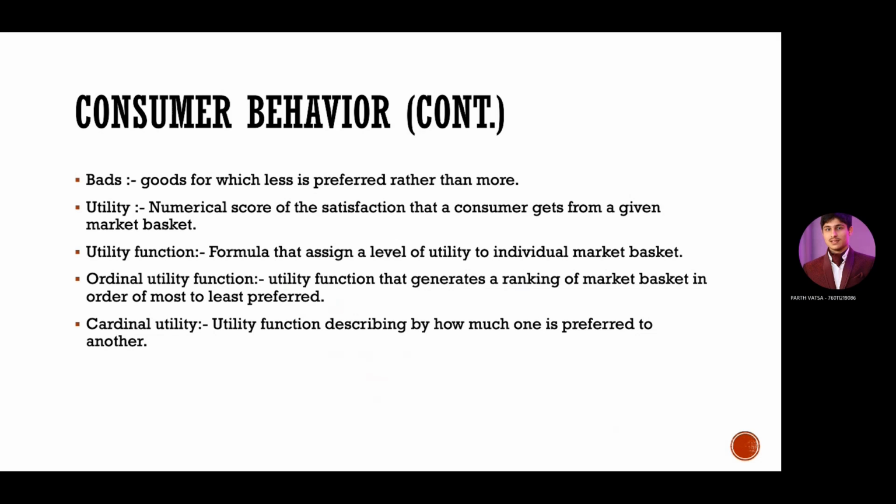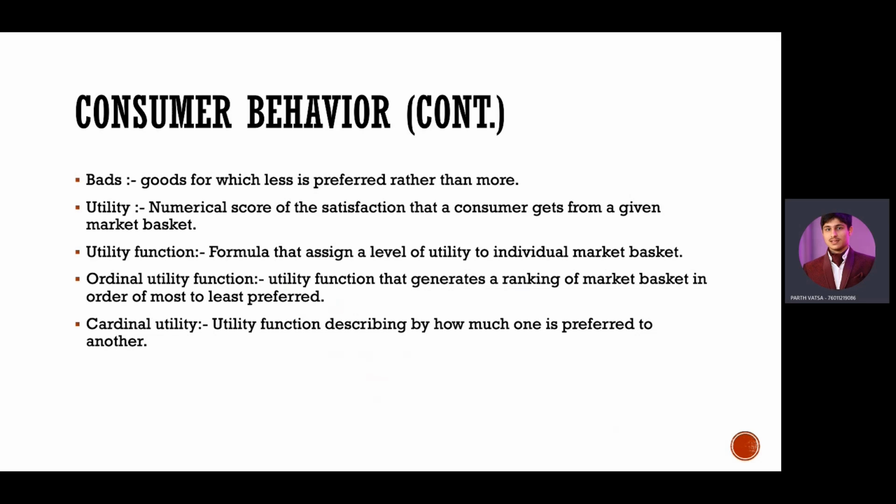Now talking about the ordinal utility function, it is generally generated to make ranking of market baskets possible. As per ordinal utility, ranking is always done in descending order, where the most preferred one is kept on top and the least preferred one is kept at the bottom. That's how it is done.